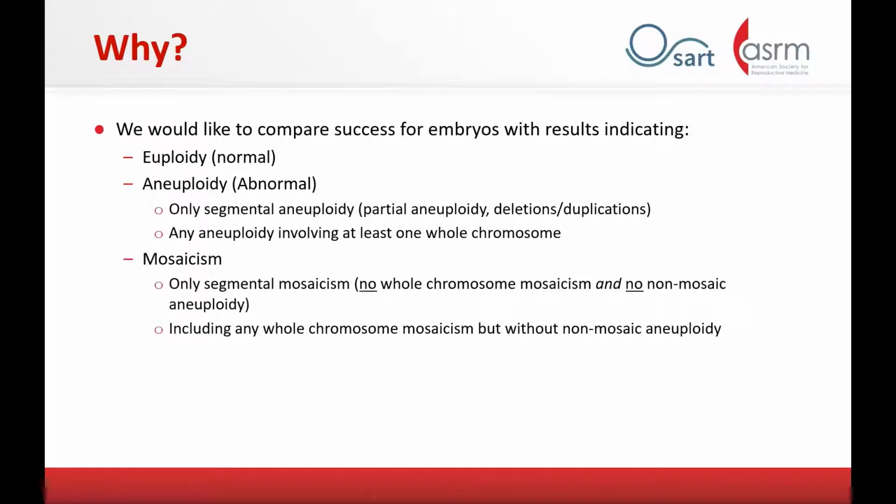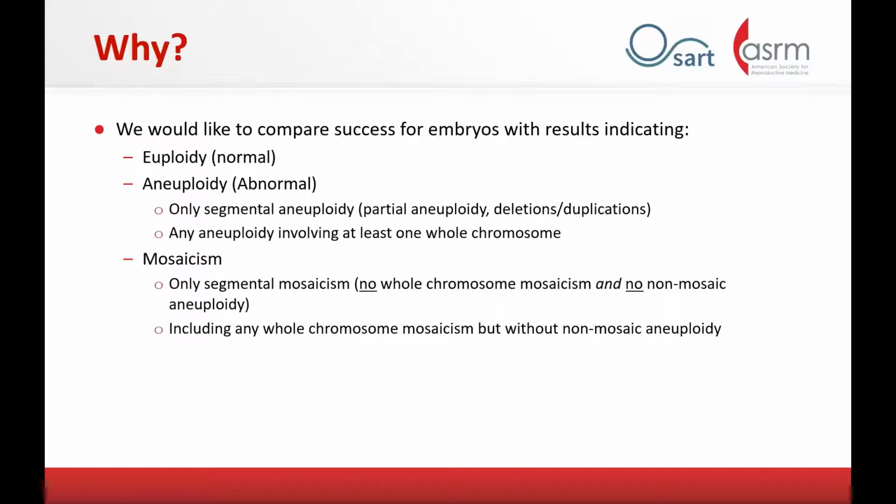Well, we would like to compare success for embryos with results indicating euploidy, aneuploidy. These are ones that only have segmental aneuploidy. It means a partial aneuploidy or a deletion or duplication. Or they have any aneuploidy involving at least one whole chromosome.